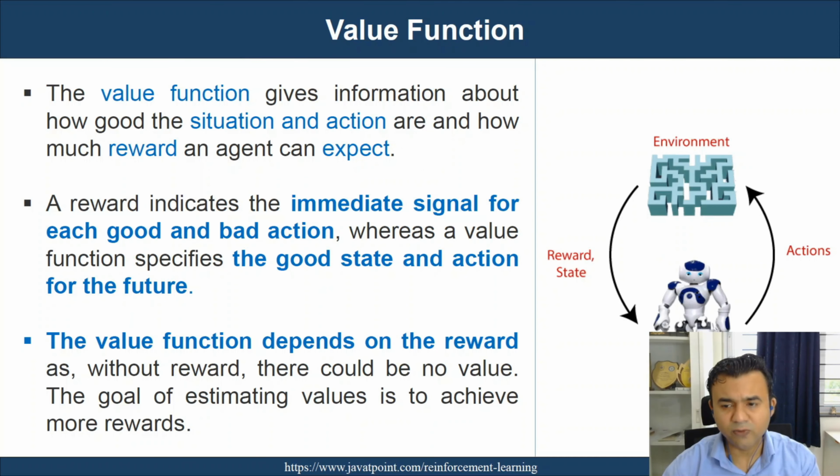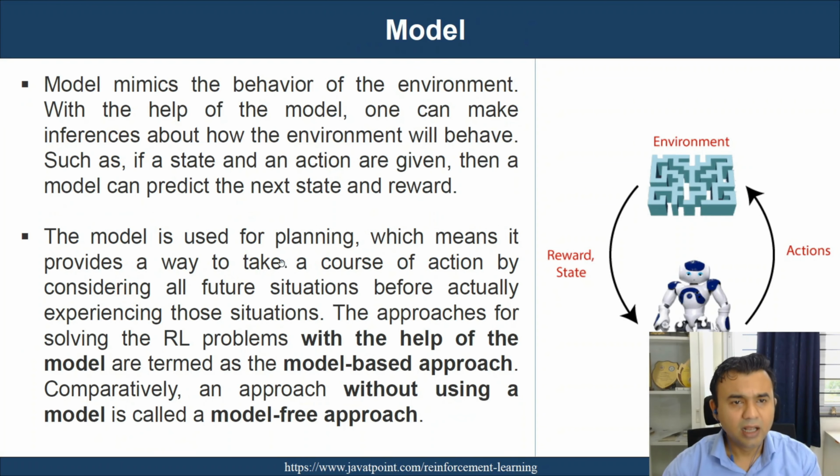For example, the performance grades of a student could be a value function, and based on that quantified value function, we may decide how much we want to study for the next exam, or how much we can change our strategy to accomplish larger grades. A reward indicates an immediate signal for each good and bad action. Now I think this we have seen.